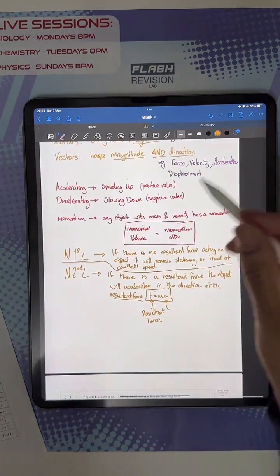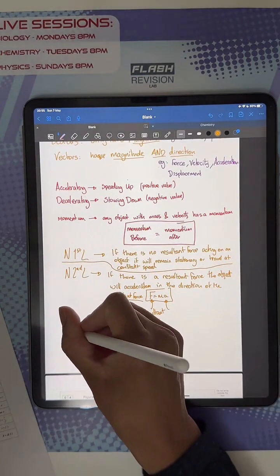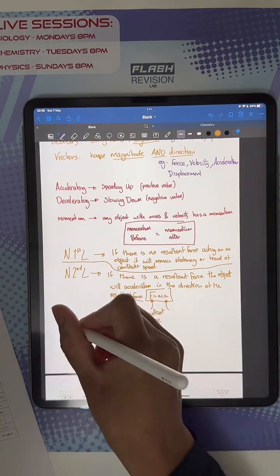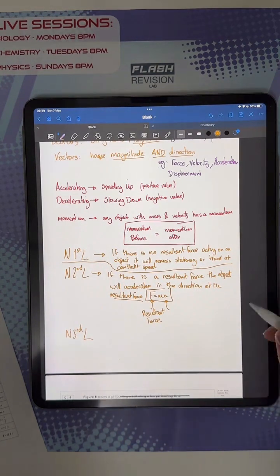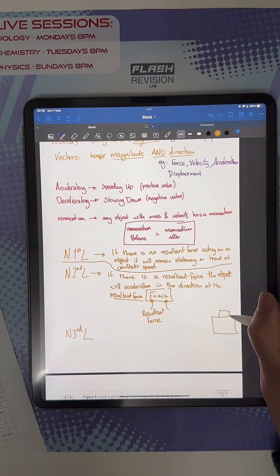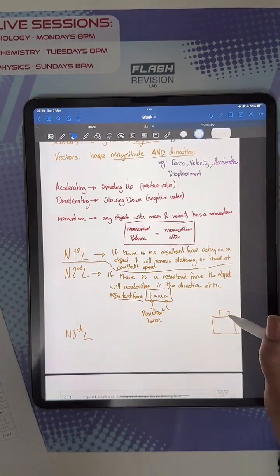What was Newton's third law? Yeah, let's add that in. Newton's third law is when you have two objects in contact with each other. So let's say, for example, you have a box on top of another box. Let me draw that a bit better.